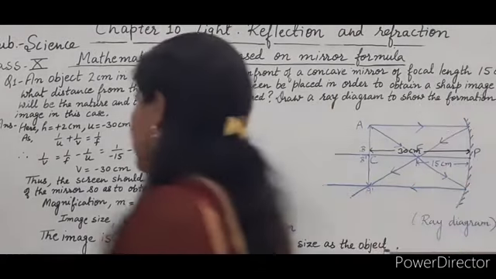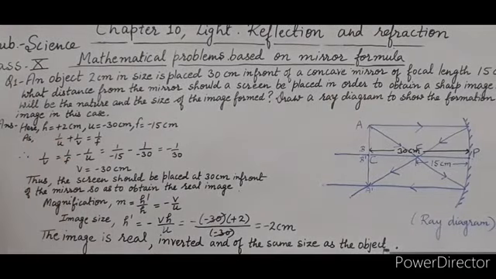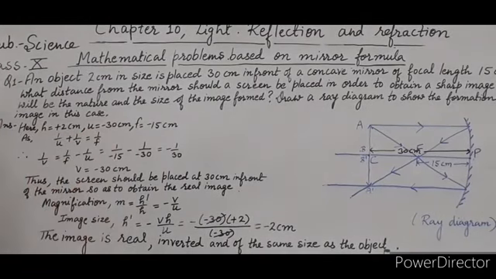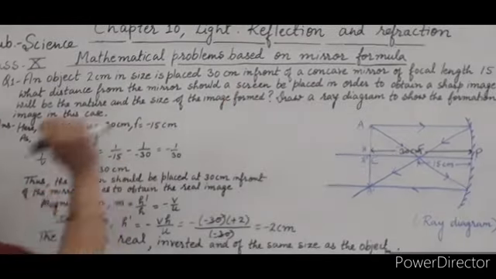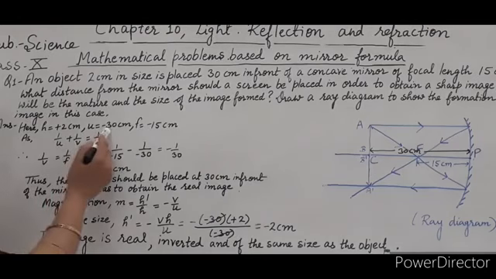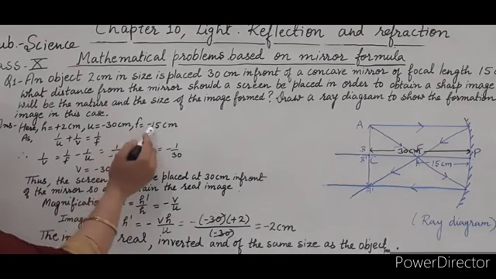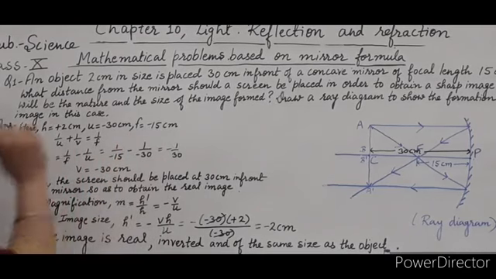Now the calculation. h is given as 2 cm. The object is placed 30 cm in front of a concave mirror. The object distance is always taken as negative, because it is on the left side of the pole of the mirror, so u is minus 30 cm. The focal length f is also negative, minus 15 cm.